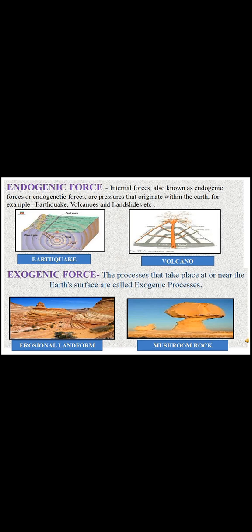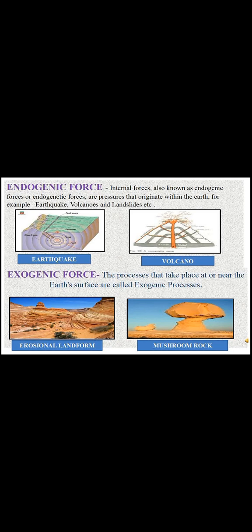As we know, the Earth is not static; due to plate tectonic movement, cracks form and hot molten magma comes out from the magma chamber, which we call lava. So the force is mainly taking place inside the earth. Thus, these two are examples of endogenic force.